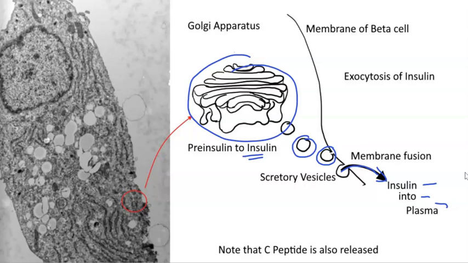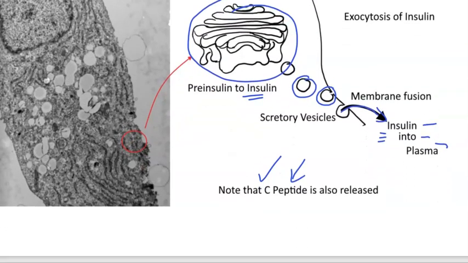And this is the secretion of insulin from the beta cells of the pancreas associated with the regulation of blood sugars. Note also that at the same time that the insulin is dumped into the plasma, the C-peptide is also released. Now, there is no known function of C-peptide in the circulatory system, but C-peptide is used as a marker for insulin levels.